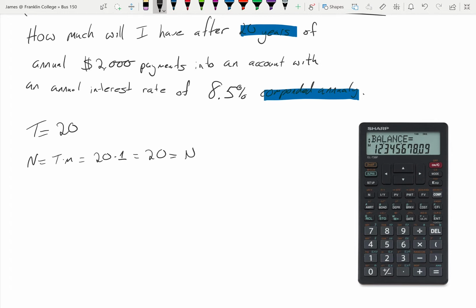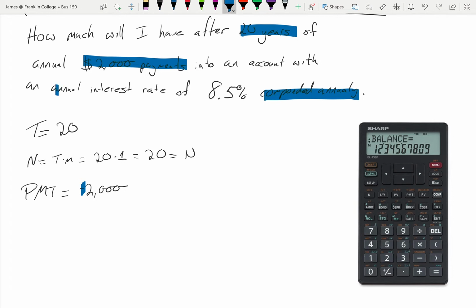Alright. If we're making $2,000 payments, we know that our payment is equal to negative 2,000. So $2,000 is leaving our bank account and going into this interest earning account. So we're making payments of $2,000, and that is why we have that little negative symbol right there.